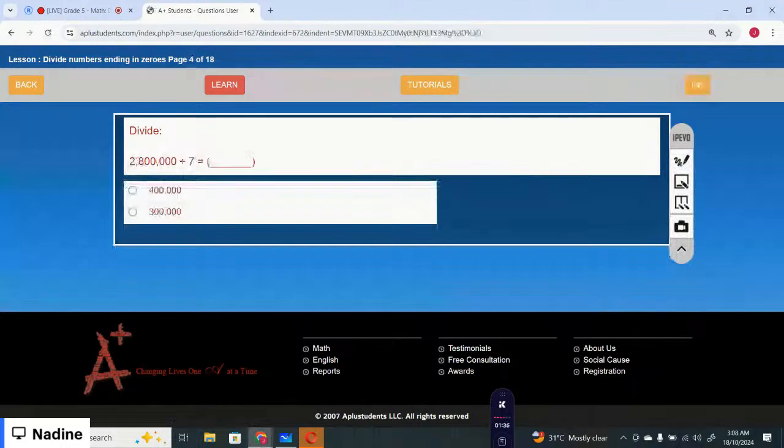Next one is 2,800,000 divided by 7. So which is the correct option?